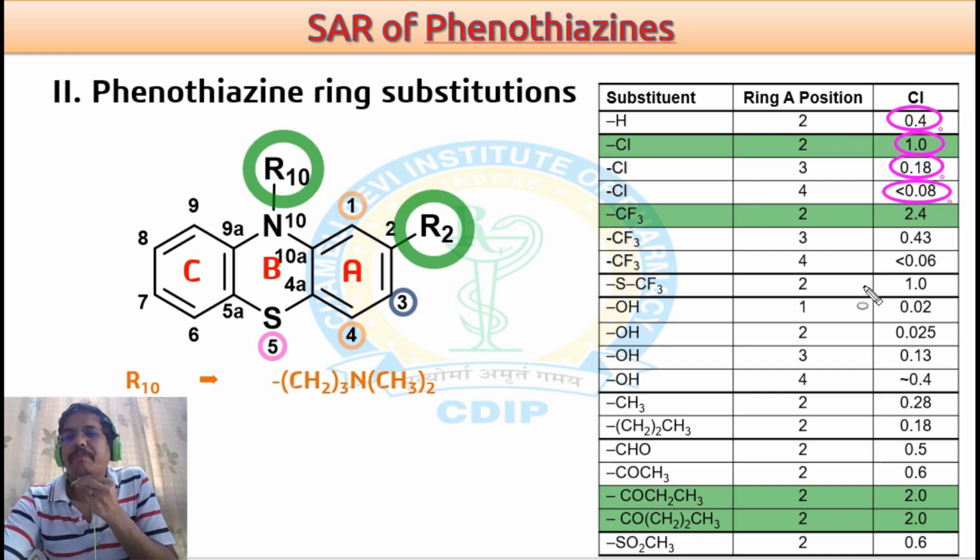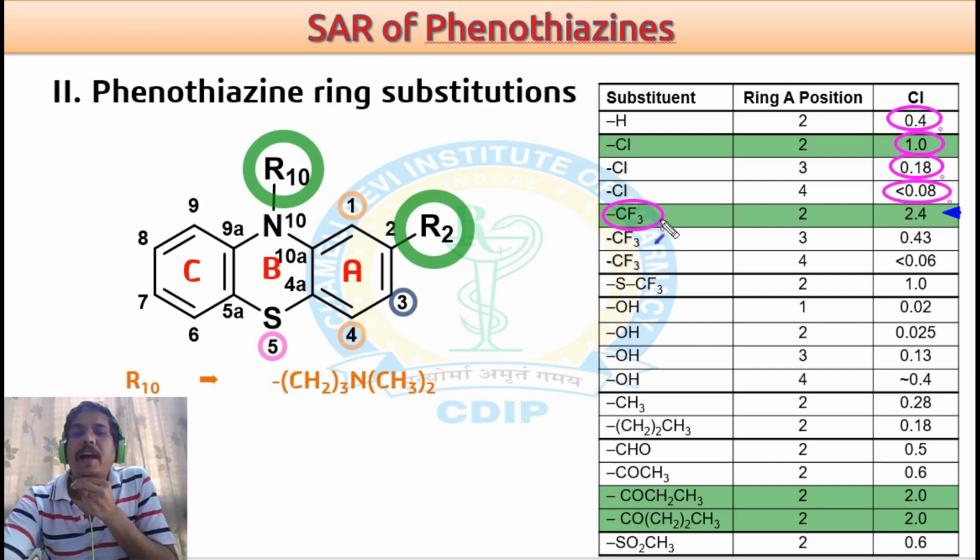chlorpromazine. And if we replace this H with an electron withdrawing group with lipophilic character, like the trifluoromethyl moiety, this is lipophilic as well as electron withdrawing, then the CI index is improved and it looks like 2.4.